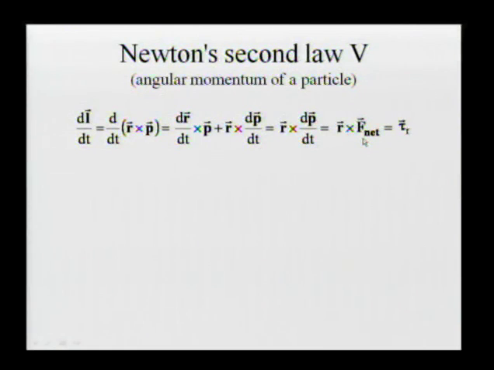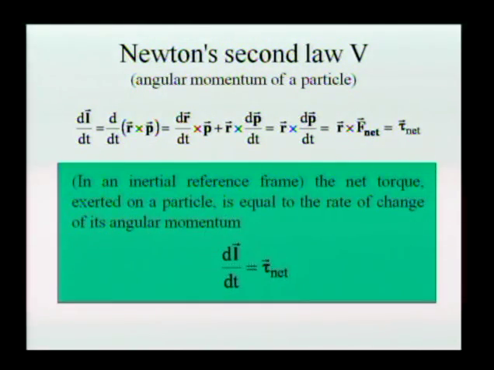Correct. So here is the net force exerted on that particle. I will write it that way. Where did I get this from? Definition of torque. Yeah. So in summary, in an inertial reference frame, the net torque exerted on a particle is equal to the rate of change of its angular momentum. So the derivative of the angular momentum of a particle with respect to time is equal to the net torque.